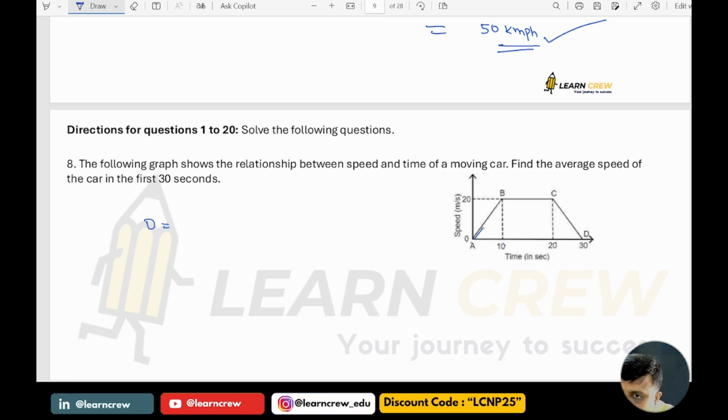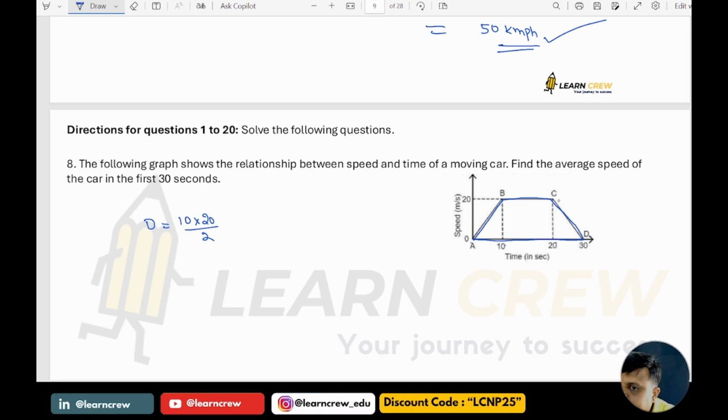This is the graph. Yes or no? This area will give you the distance. Area of the graph will be half of 10 into 20, because it is a triangle.